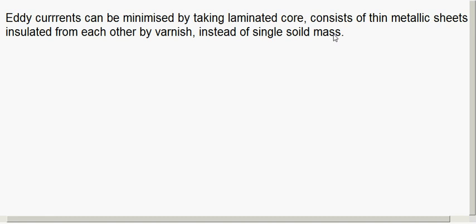And you can see how these laminations are done in my previous video. I have put a picture in my video.